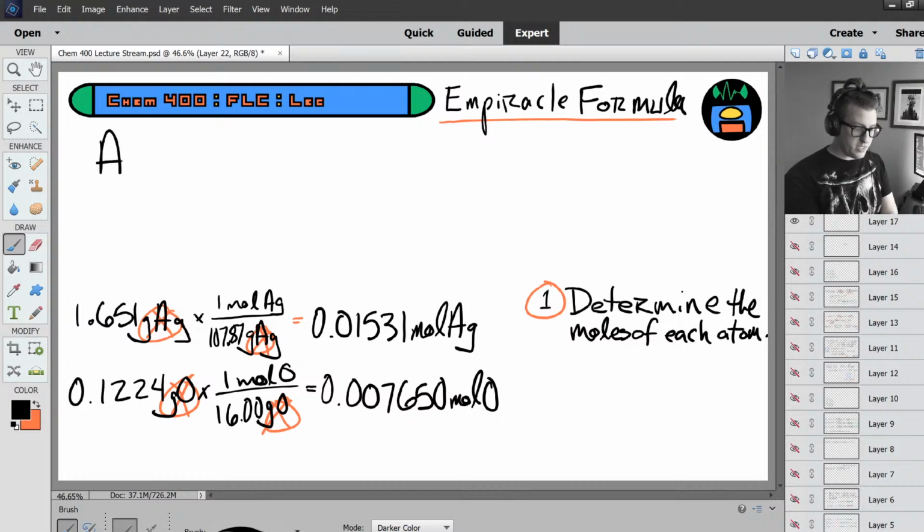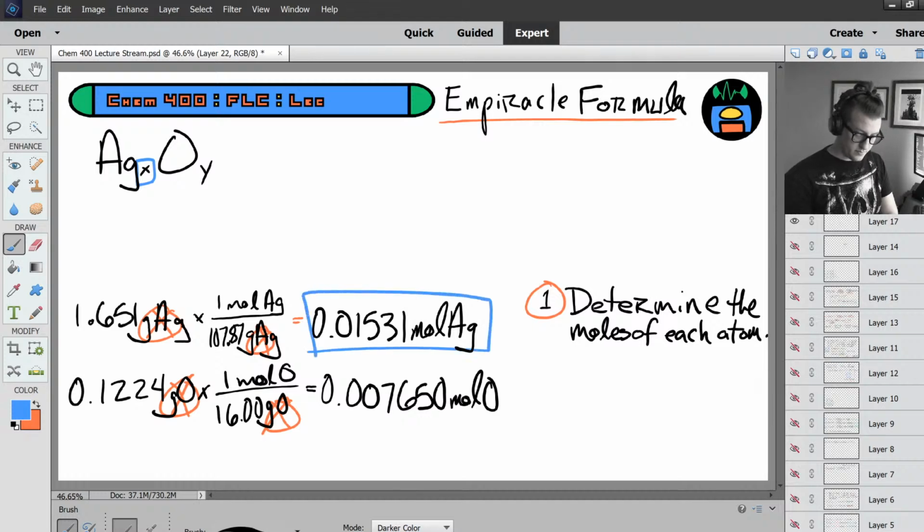The empirical formula will have some subscript for silver, I'm going to call it X, and some subscript for oxygen, I'm going to call it Y. The subscript for silver is the moles of silver. The subscript for oxygen is the moles of oxygen.